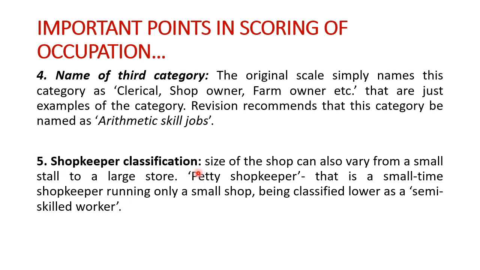The size of a shop can vary from a small stall to a large store. A petty shopkeeper, that is a small-time shopkeeper running only a small shop, is classified lower, as a semi-skilled worker. We will be discussing this in detail in the next slides.